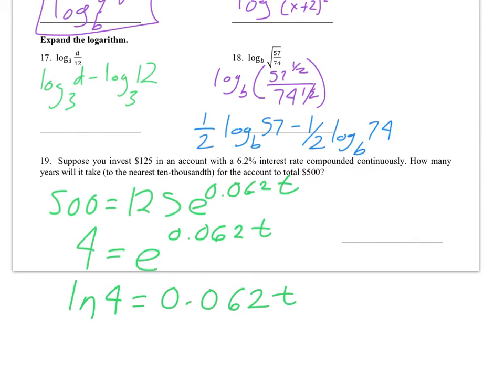So all we have to do is divide by the 0.062, and that will give us our time. So natural log of 4 divided by the 0.062, and we get a time of about 22.36 years.